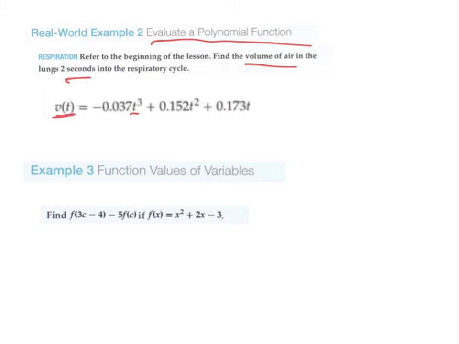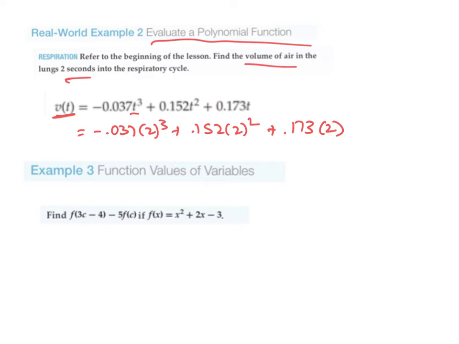So if we substitute the 2 in for the t, negative 0.037 times 2 cubed plus 0.52 times 2 squared plus 0.173 times 2.